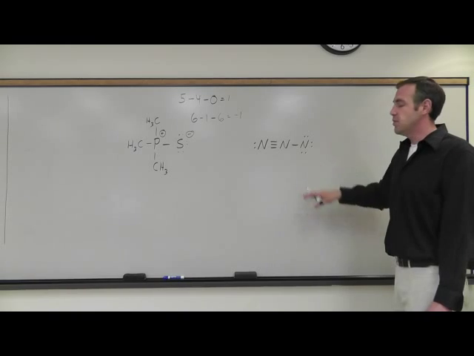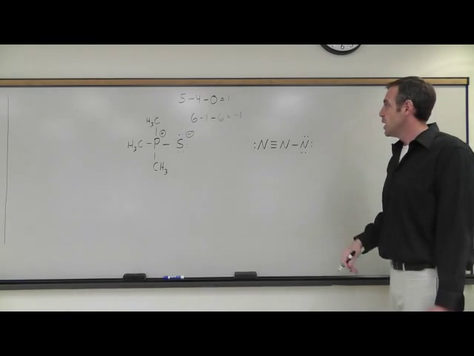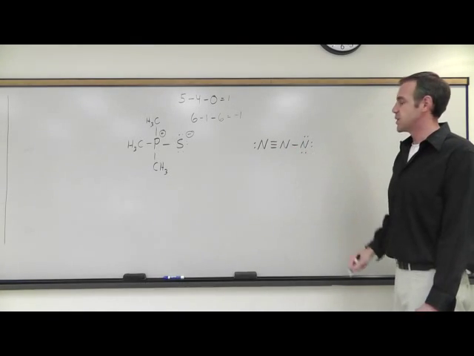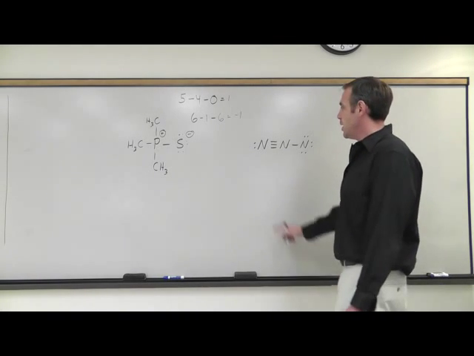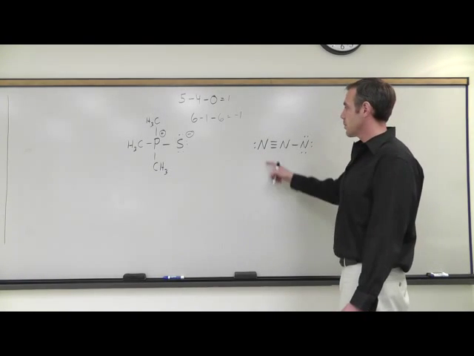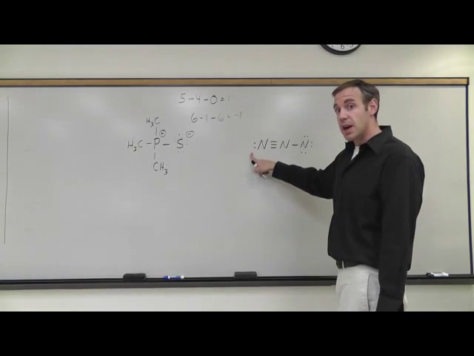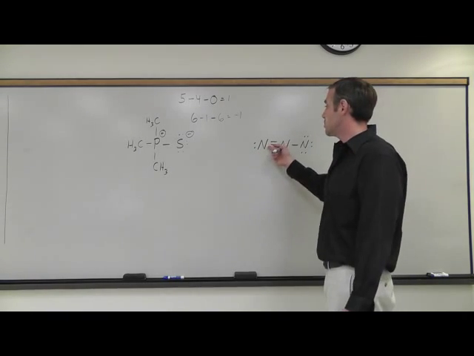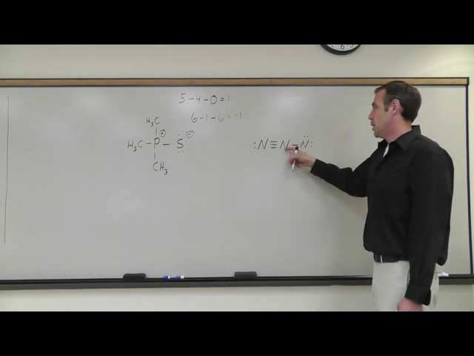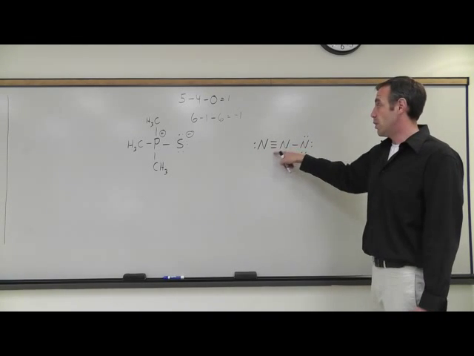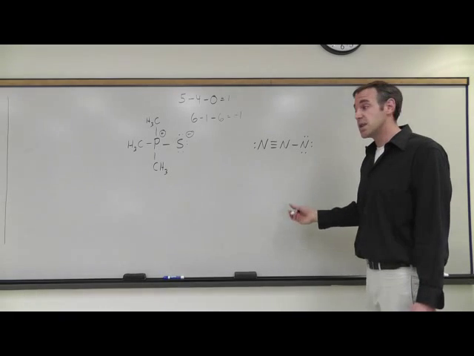If we look at nitrogen, nitrogen is group 5, and here are different environments for nitrogens. If we look at this one over here, it's got 3 bonds and 2 electrons. So 5 minus 3 minus 2 is 0, or neutral. Over here, this nitrogen has 4 bonds, a triple bond and a single bond.